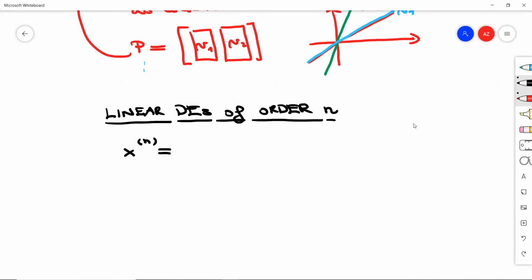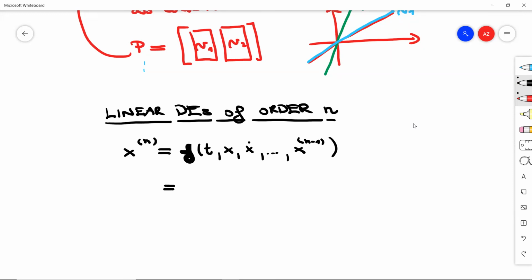So x^(n) is equal to some function of t, x, and derivatives up to the n minus 1 derivative of x.